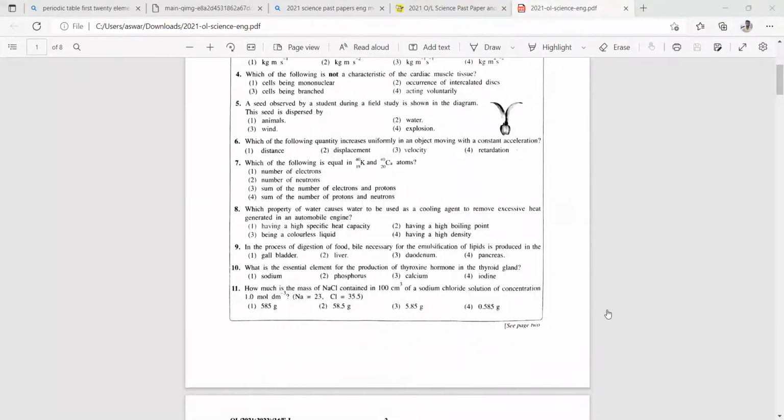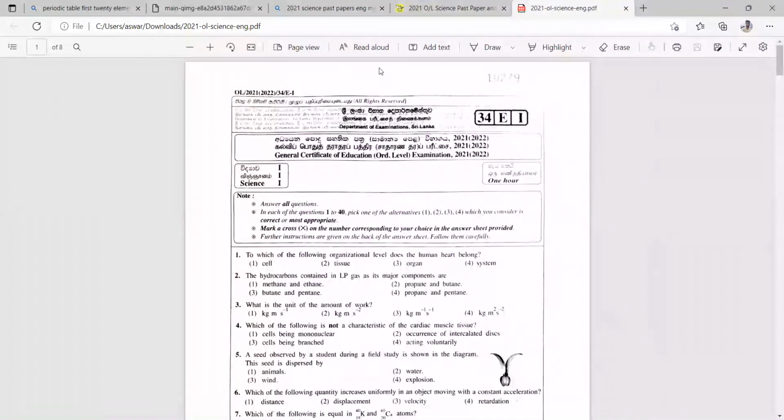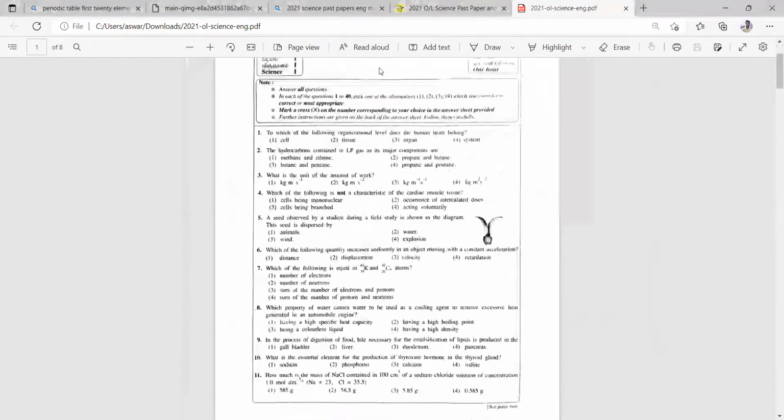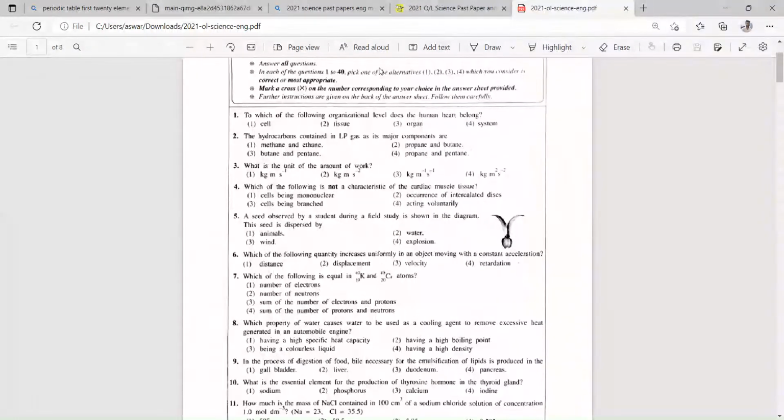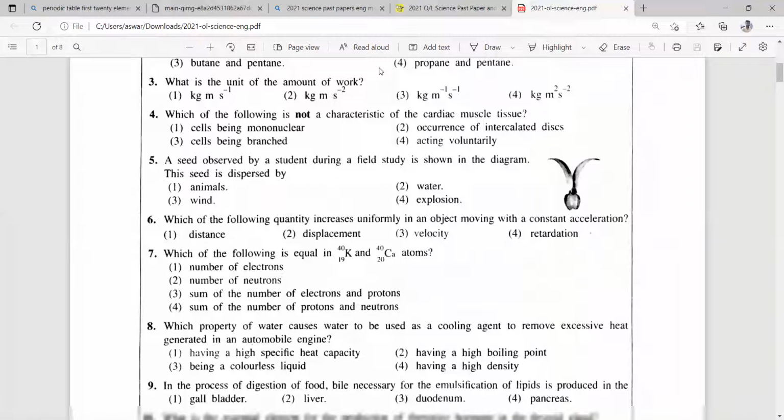Now you practice the seventh one. Send me the answer for the seventh one. This is the 2021 paper, the last paper year. You do the seventh one. Can you see the question?